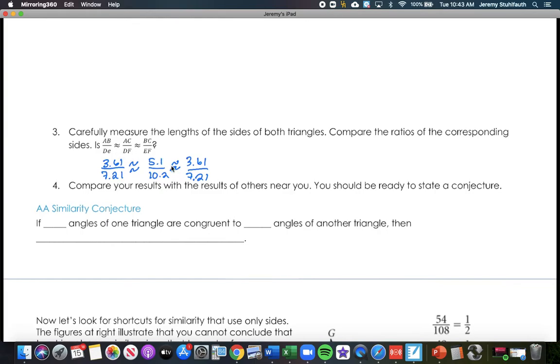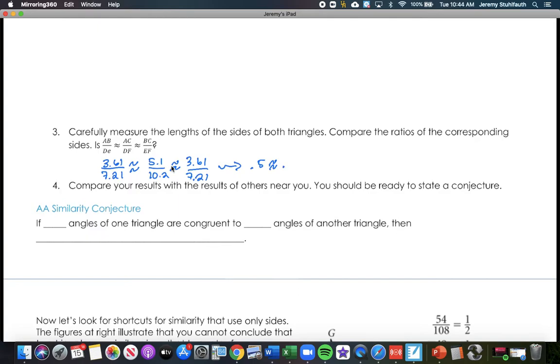So if we take a look at this, we have 3.61 divided by 7.21. That's going to be 0.5006. So we're going to say that is approximately 0.5. And then we have 5.1 divided by 10.2. That is 0.5 exactly.